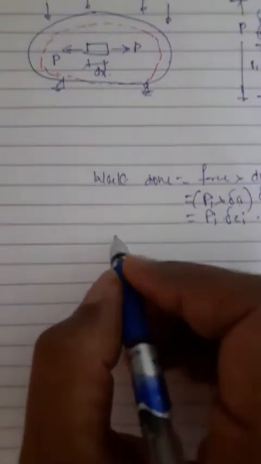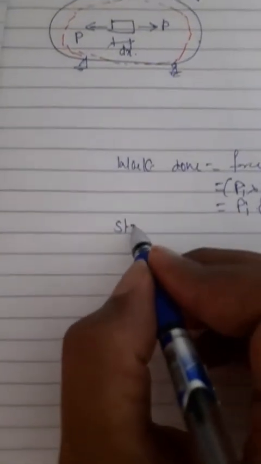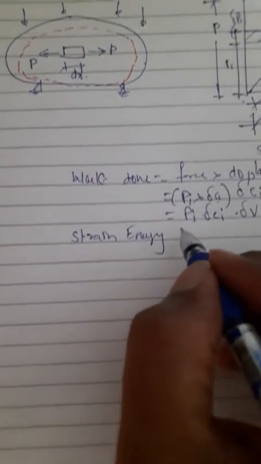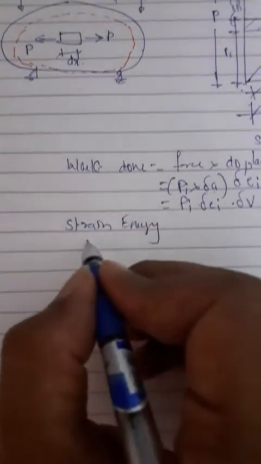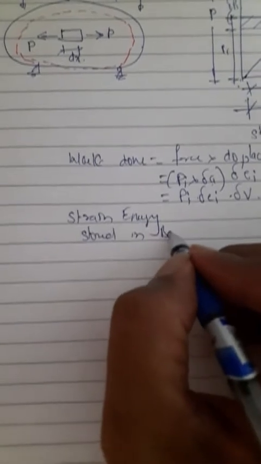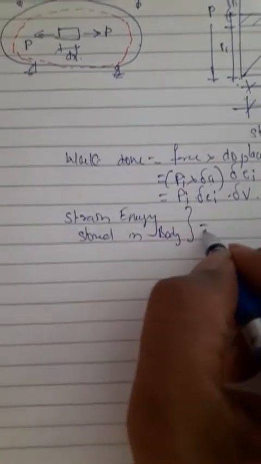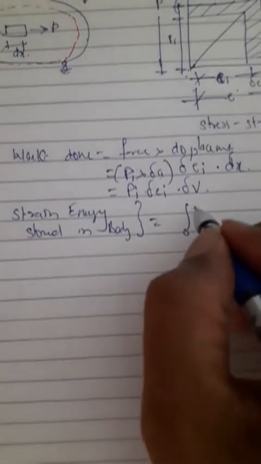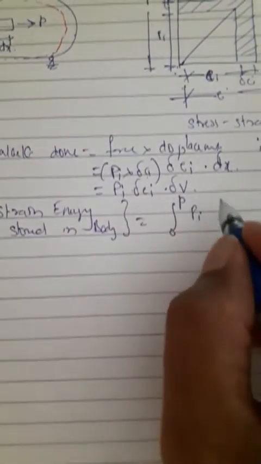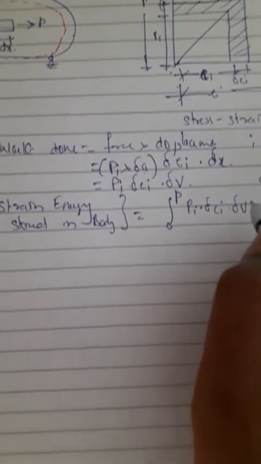Next I can write the strain energy stored in a system or body is equal to the integration from 0 to p of these terms, pi delta ei into delta v.